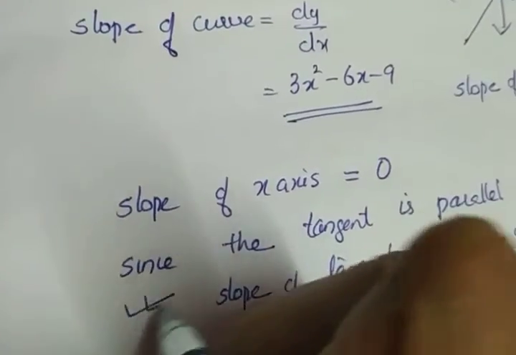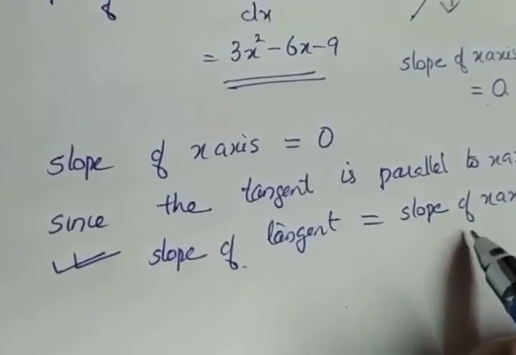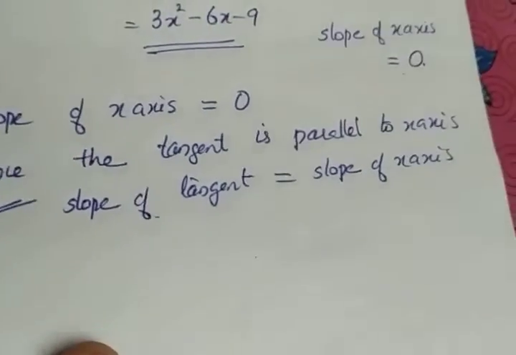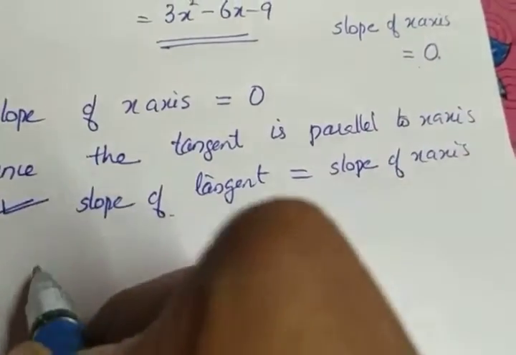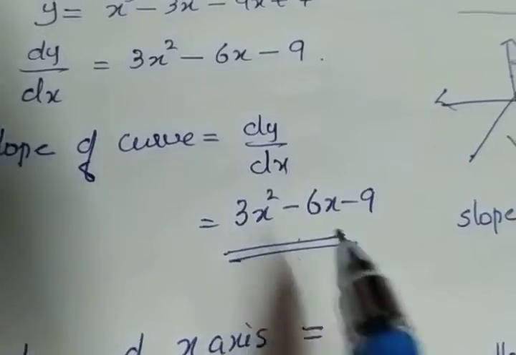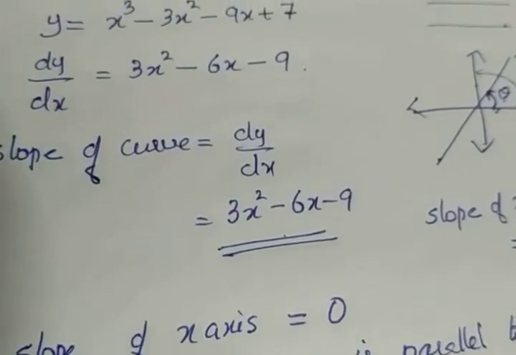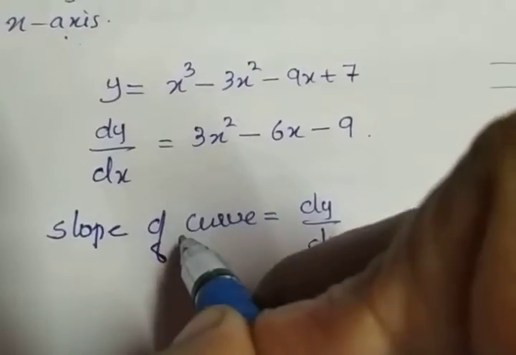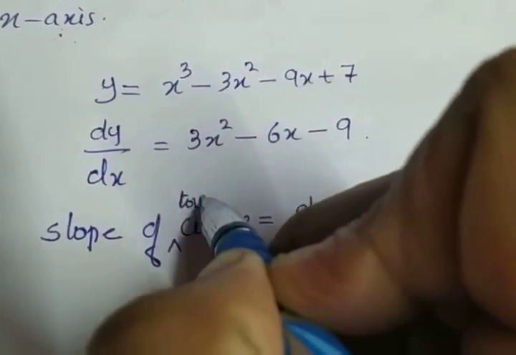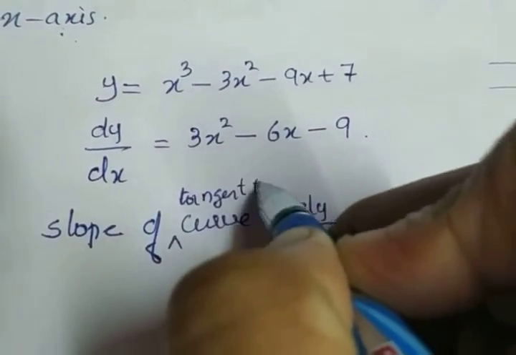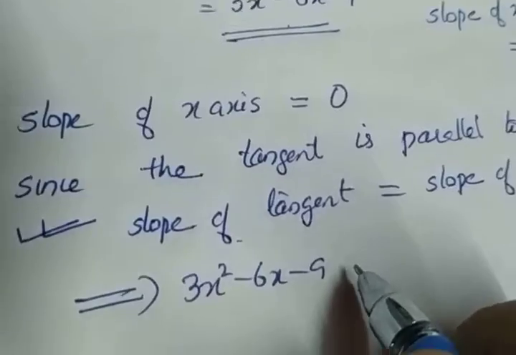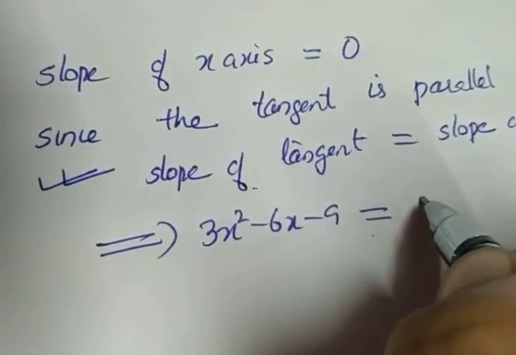This condition must be noticed. Which implies 3x square minus 6x minus 9 is equal to 0.